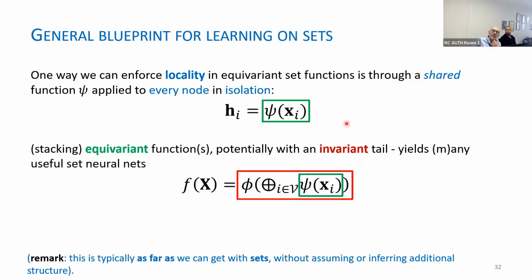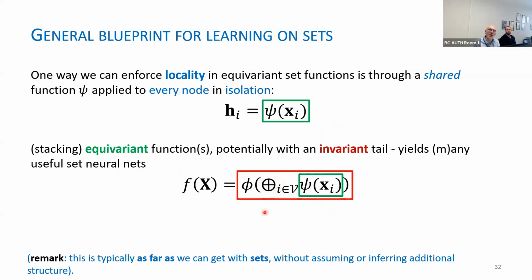For learning on sets of points, these are the two relevant points that we obtain. We can try to enforce locality in an equivariant set function using a shared function, which is applied to every node in isolation. Then to obtain a global behavior, we can stack together these equivariant outputs, and in this way obtain an invariant function at the global level, because we have an operator which is independent from the order.